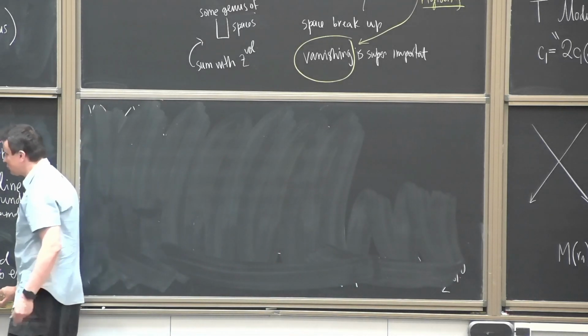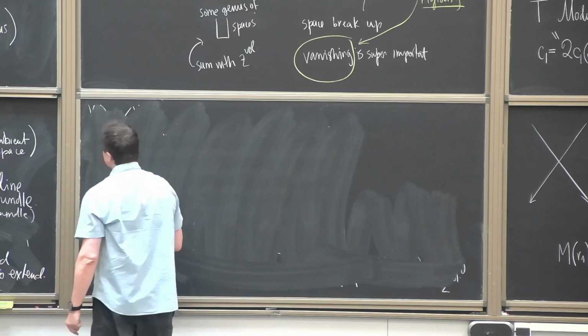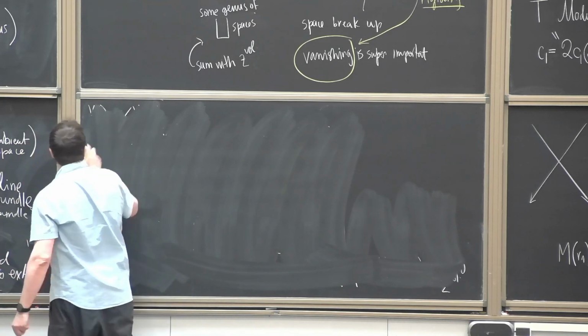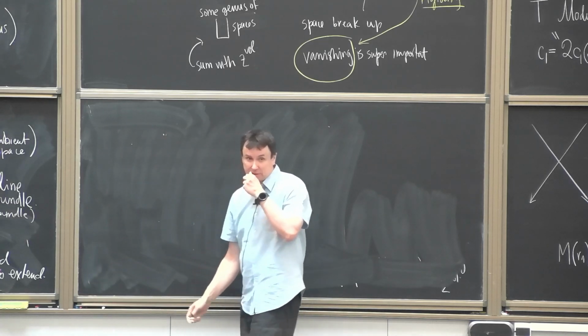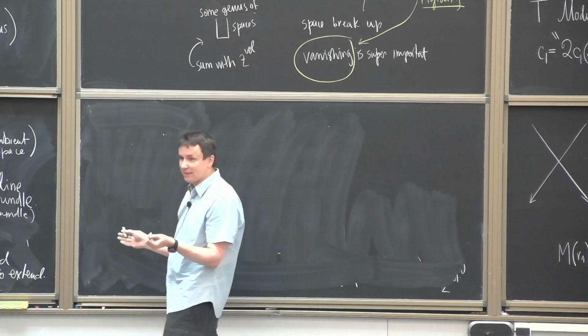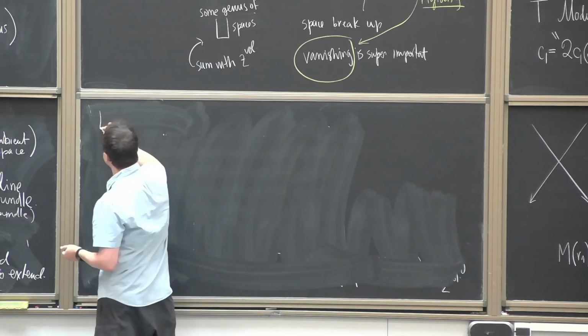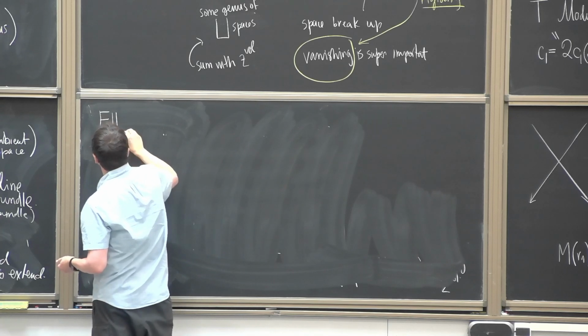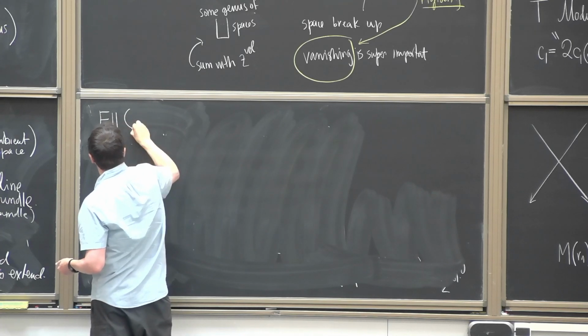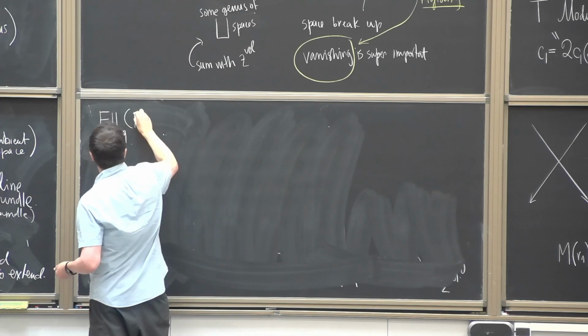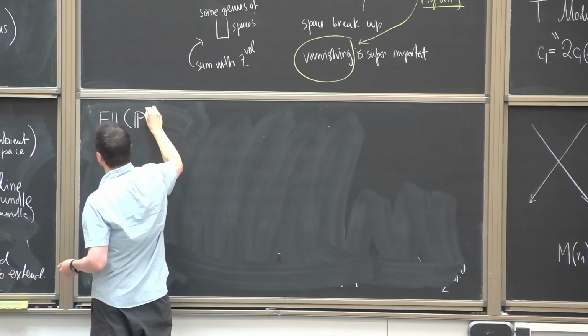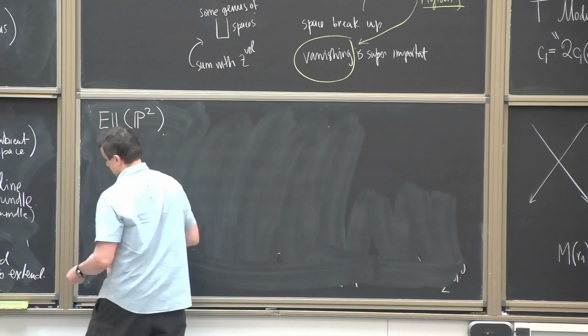This is not so super abstract, because remember we had this picture. Yes, I'm not going to try to redraw the picture from yesterday, but maybe schematically redraw it. Remember, we would look at the equivariant elliptic cohomology of, say, P2 or Pn.